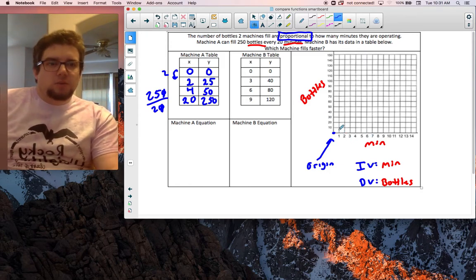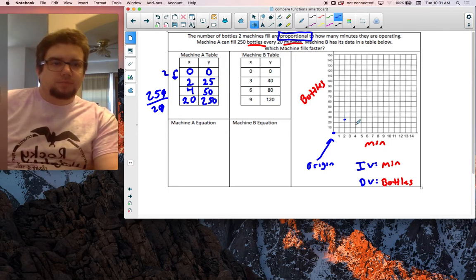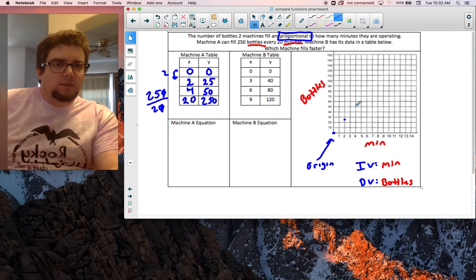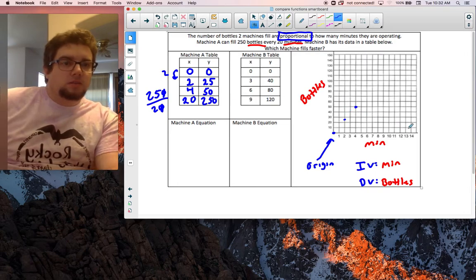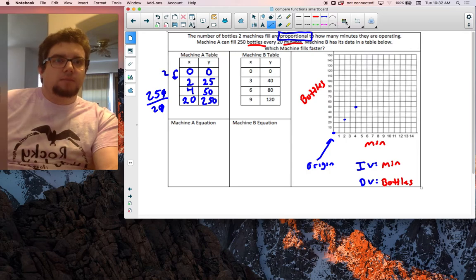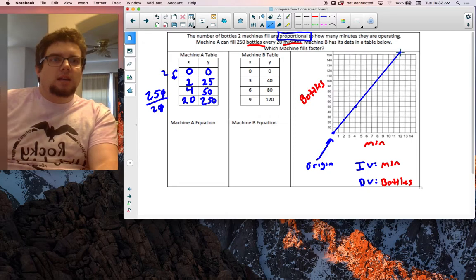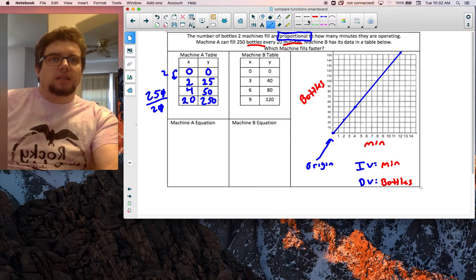So let's plot those points. 0 and then 2, 25, 4, 50, and then we can't plot the 250 because it's not on our graph, so we're just going to use that one for the time being. And so machine A has a graph like this.